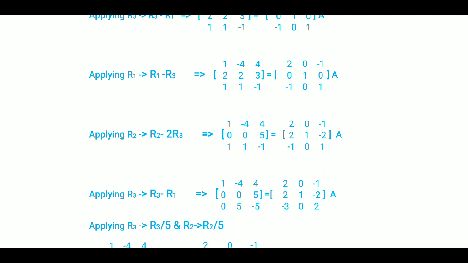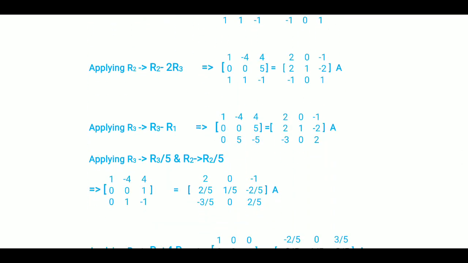Applying R3 becomes R3 minus R1, mostly zeros, to get R3 minus R1. So 1 minus 1 is 0, 1 minus minus 4 is 5, minus 1 minus 4, that is minus 5.